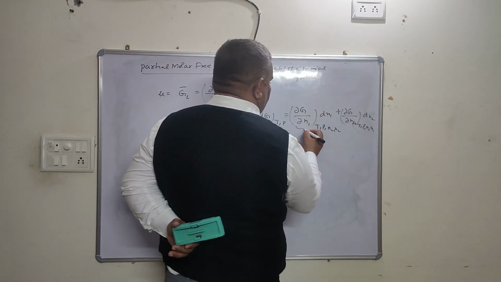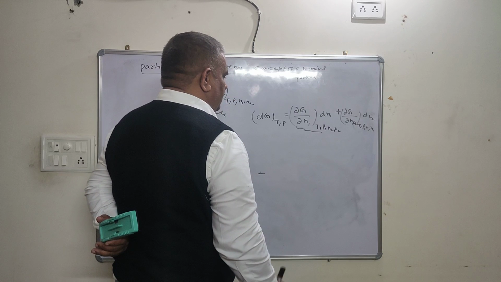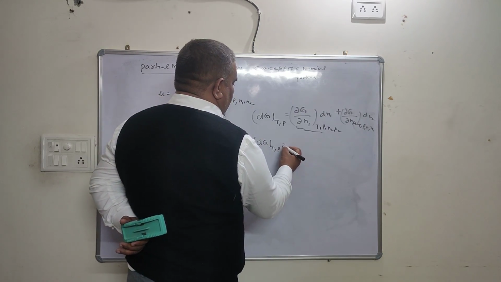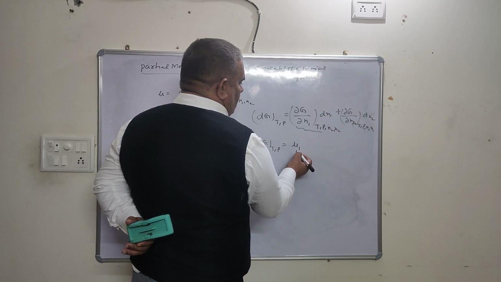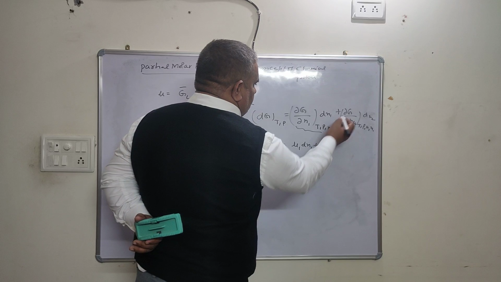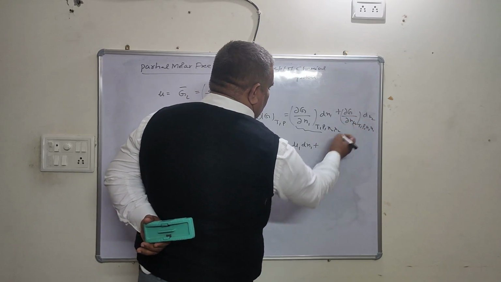This is mu1, the chemical potential of component 1, and mu2 is the chemical potential of component 2.